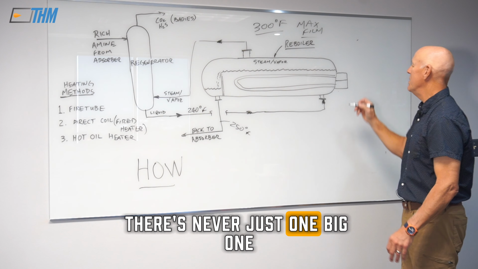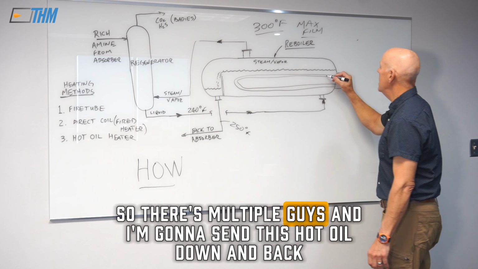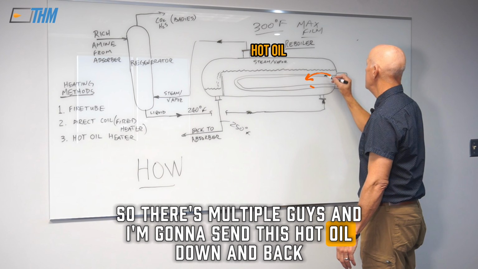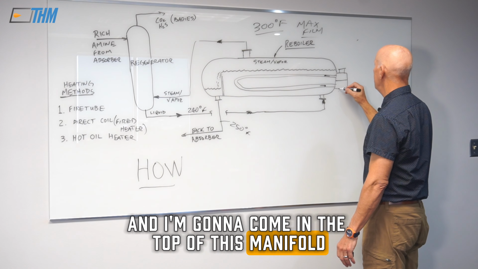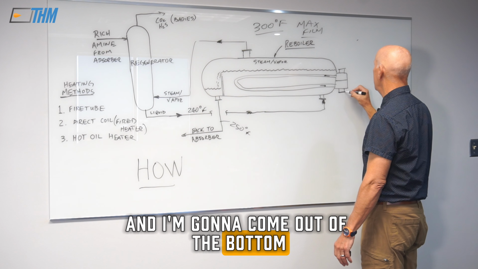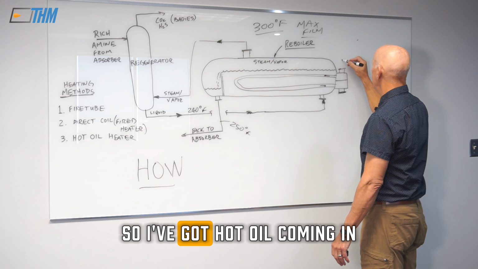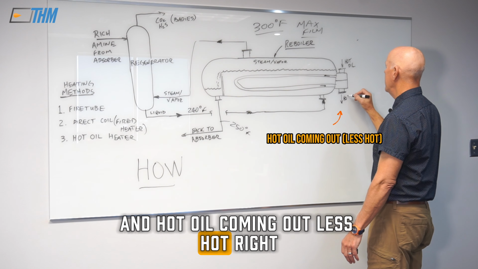There's never just one big one. So there's multiple, and I'm going to send this hot oil down and back. I'm going to come in the top of this manifold, and I'm going to come out of the bottom. So I've got hot oil coming in and hot oil coming out. Less hot, right?